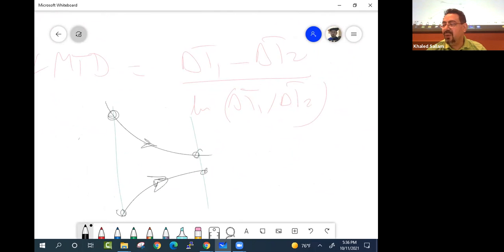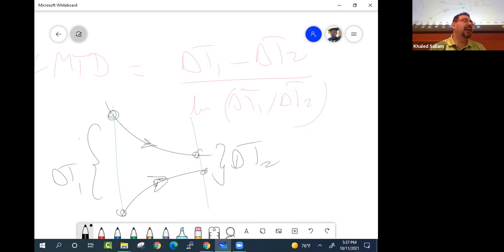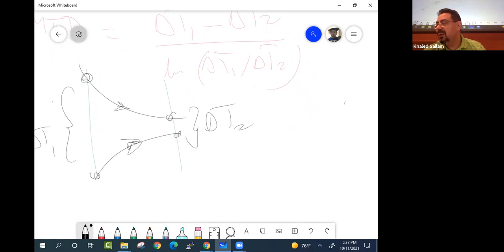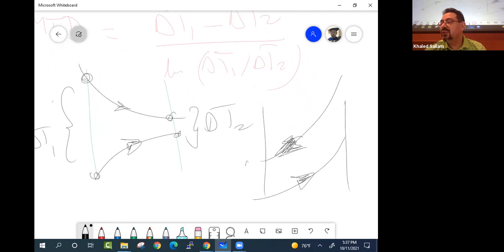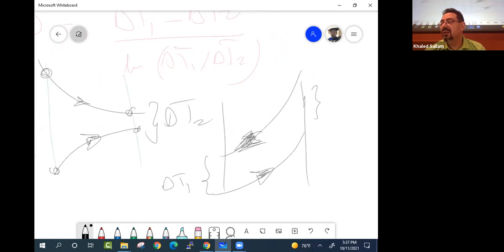In parallel flow, you would have an easy time deciding, because you would say, the inlet is 1 and the exit is 2. So you don't have a problem in parallel flow. But in counter flow, when the hot is doing this and the cold is doing this, now you are not even sure which is delta T1. Who is delta T1?